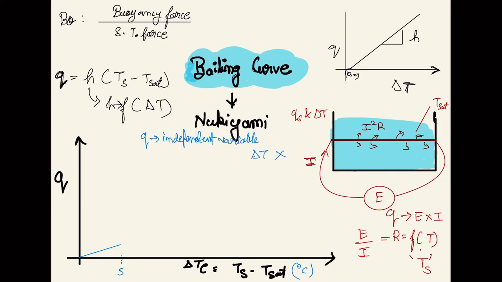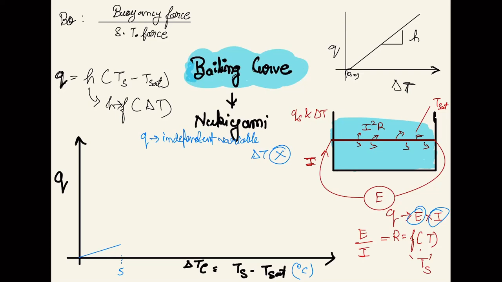Delta T is not an independent variable. Delta T is something that we are measuring. So we can only change E and I, and once we change E and I, we are directly changing Q. So Q is what we are changing, and delta T is what we are measuring. It's a dependent variable, not an independent variable in this experiment.